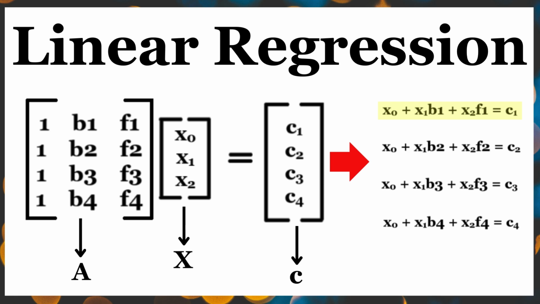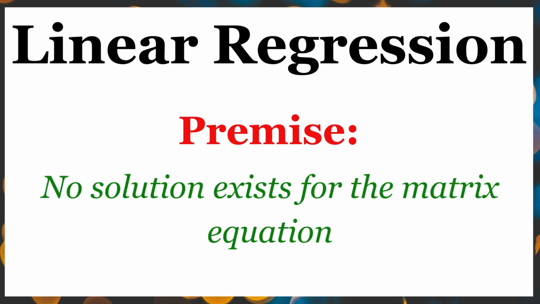Now we start with this premise that there is no solution for this matrix equation, exactly what we had said earlier in the video. Meaning that there is no set of values for x0, x1, and x2 that would satisfy all these four equations. We are starting off with that assumption.